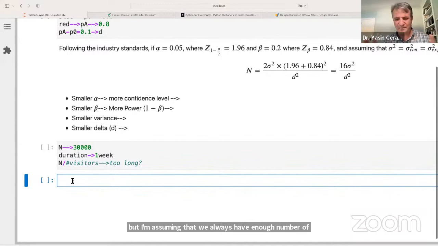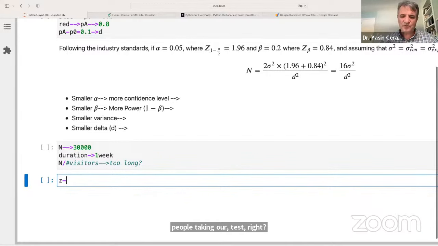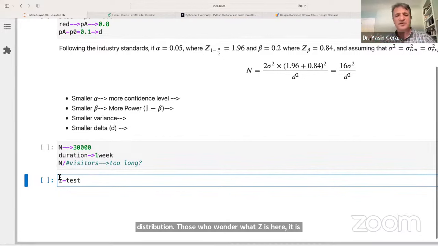So I'm going to use the z-test to evaluate. If you know what a z-test is and how you evaluate with it, evaluating with a t-test is almost the same. You just switch from the z-distribution to the t-distribution. For those who wonder what z is here, it refers to the standard normal distribution, a normal distribution with 0 mean and 1 standard deviation.